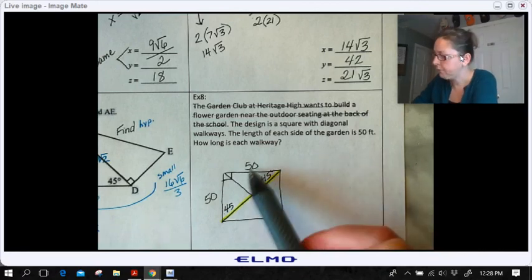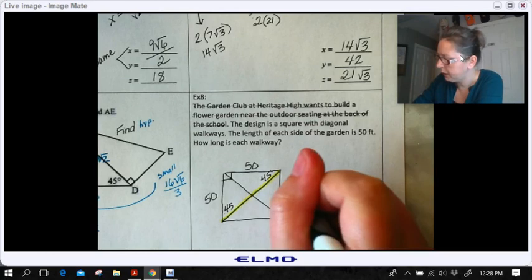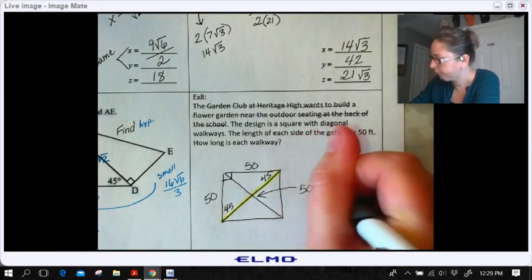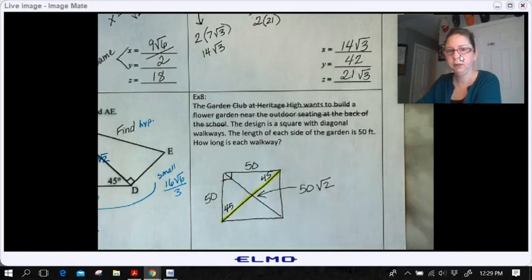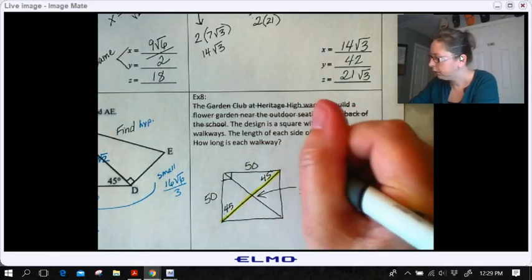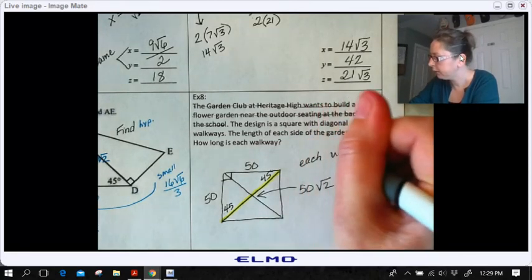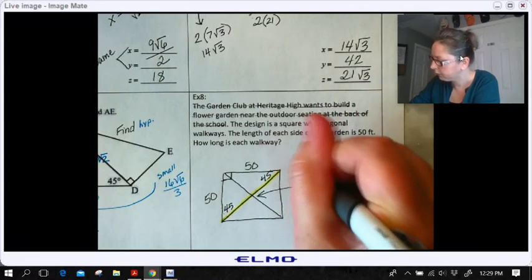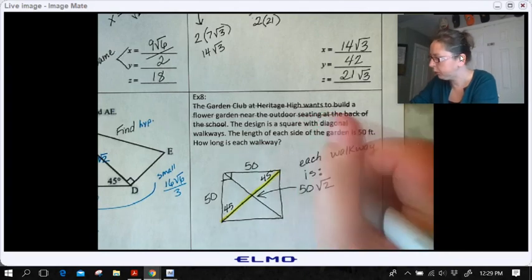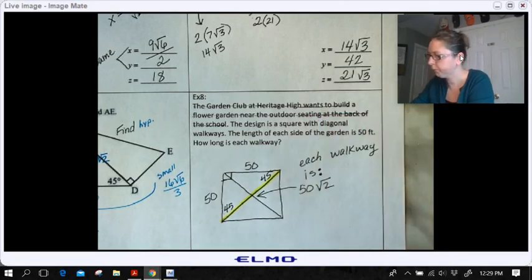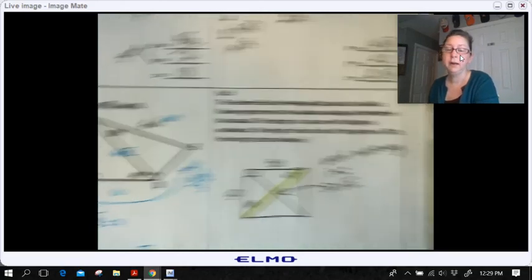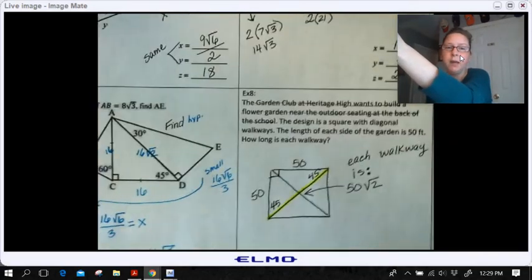Well, I take the 50 and I multiply it by the square root of 2. And so that's my solution. Each walkway is 50 square roots of 2. Okay, and that's it. All right, guys, so that is our lesson for today.